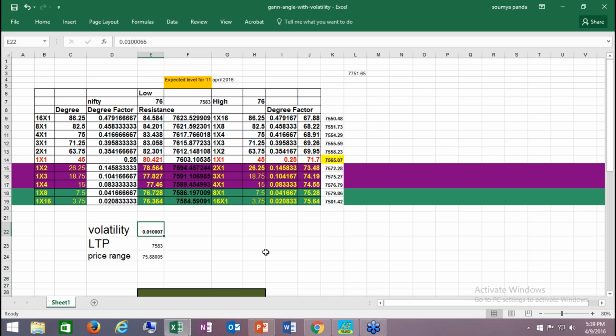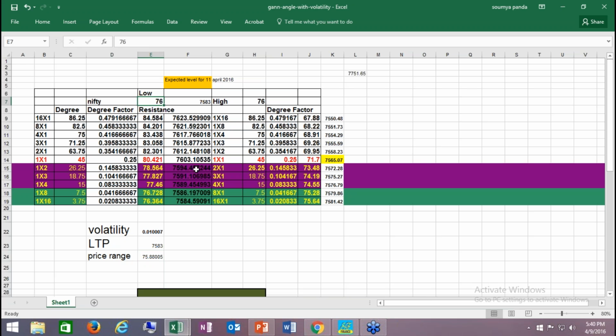This is our daily volatility. Multiplying this daily volatility with the last traded price, I am getting 76 points of oscillation expected in the Nifty future in the coming trading session, which is on 11th April 2016. This is the 76 points of calculation I have got.